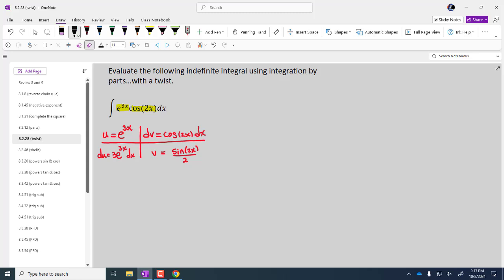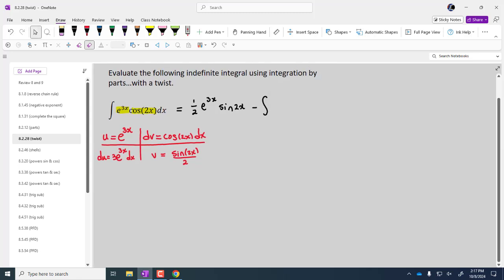And if we start the UV process, UV is going to be 1/2 times e to the 3x times sine of 2x, UV minus the integral of the bottom row.